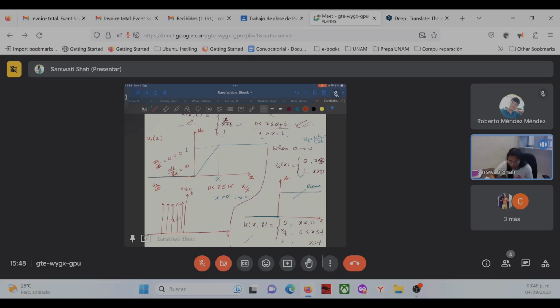So this is u equals 0, that is for x less than or equal to 0. Now the second condition comes when x is greater than alpha. Suppose this is alpha. In that case, dt over dx is going to be 1. So what will be the slope? 45 degrees.